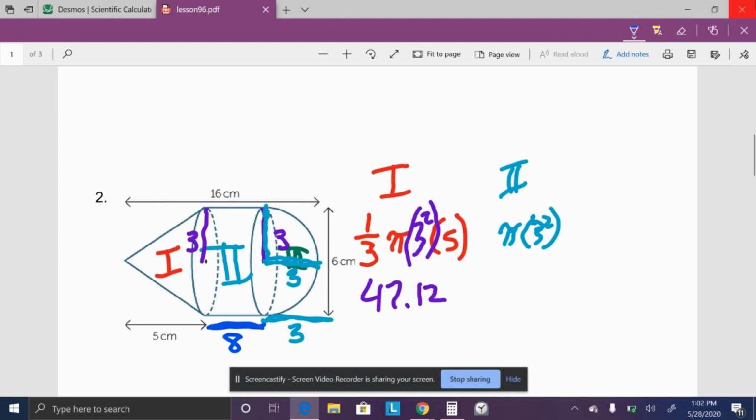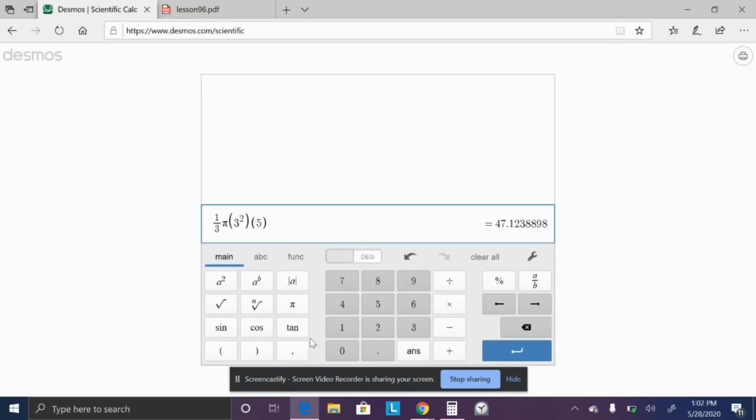So actually, the height of the cylinder is 8. All right, plug that in our calculator. Pi times 3 squared times 8. 226.19.